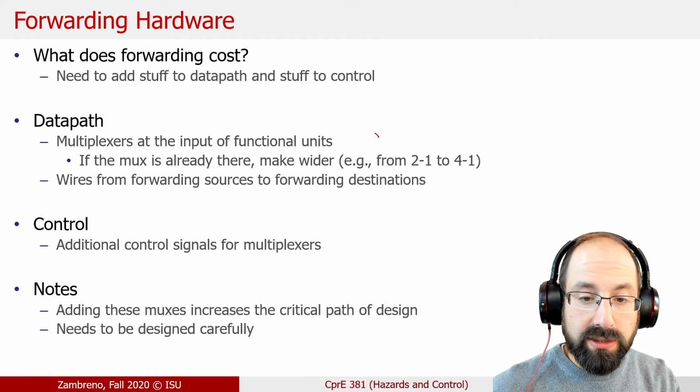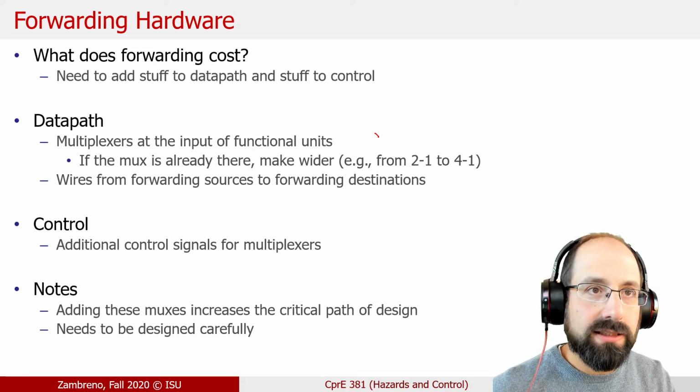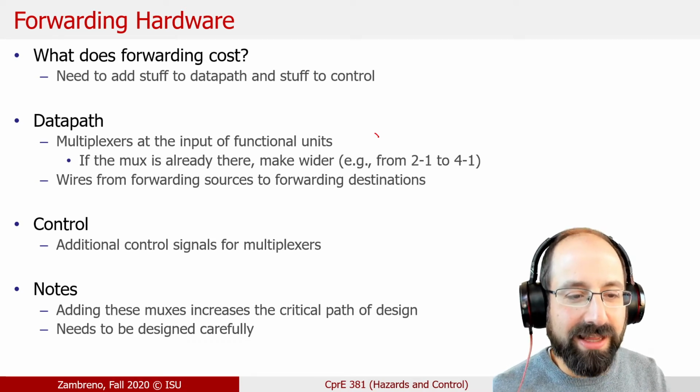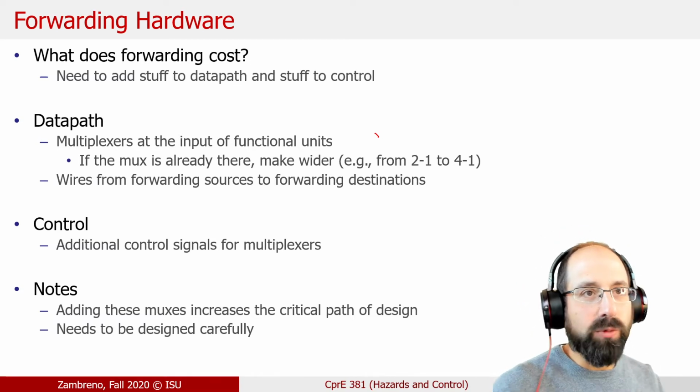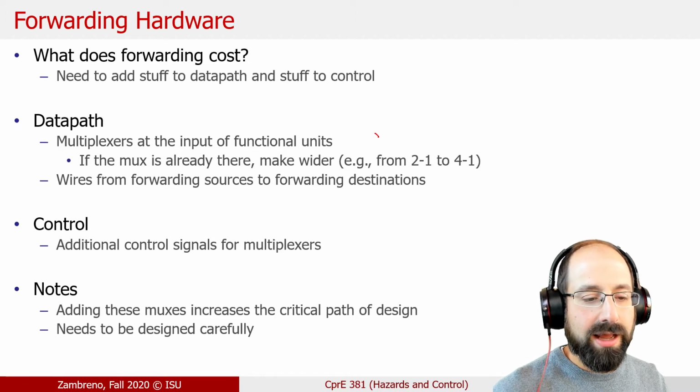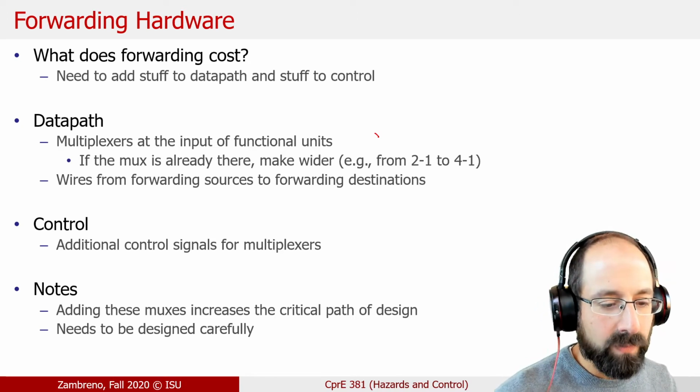So what does forwarding cost? Well, we need to add stuff, as it says here, and that's absolutely correct. We need to add stuff to the data path and stuff to control. That is true.